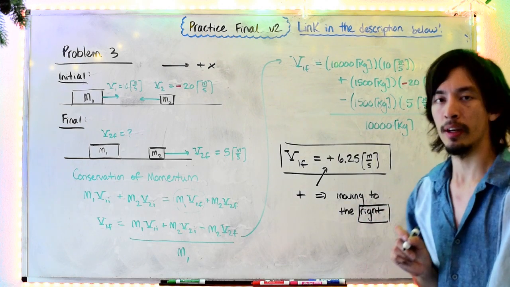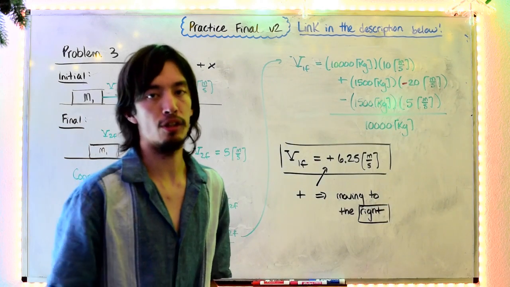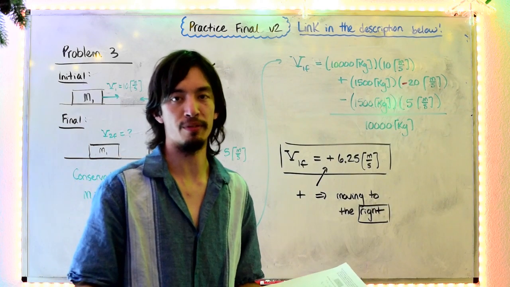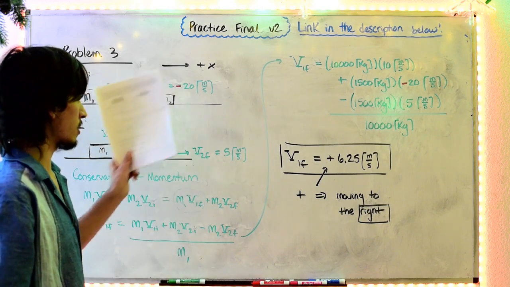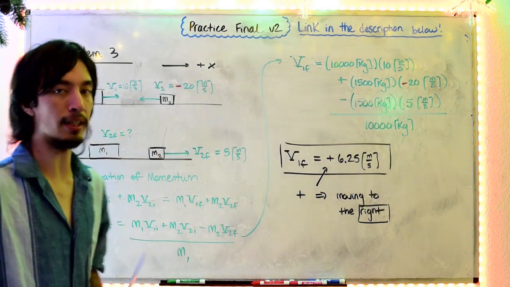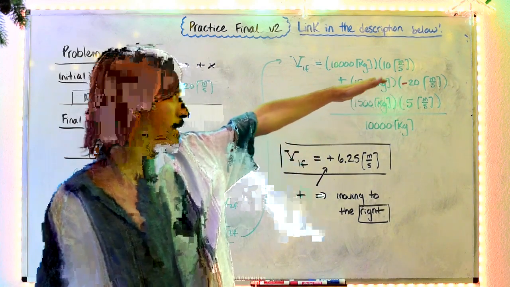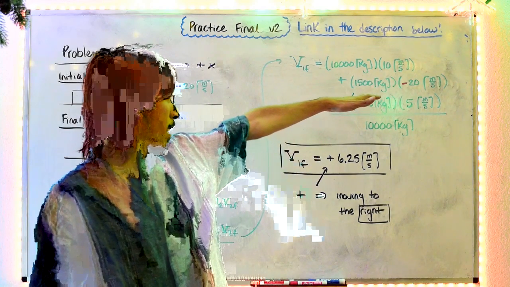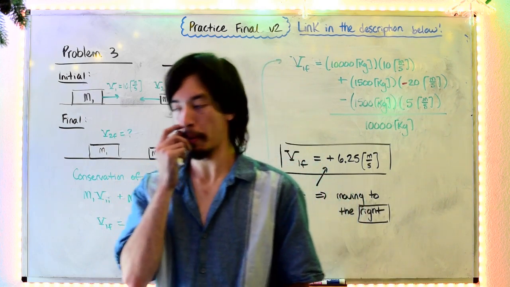Okay. So if I end up getting a negative velocity at the end, it would have been to the left. So this was just a simple conservation of momentum, just moving around, solve, and plug in the numbers. Worst enemy will be your minus sign. That will be the most common mistake in this problem. So pay a little bit more attention to your minus signs.